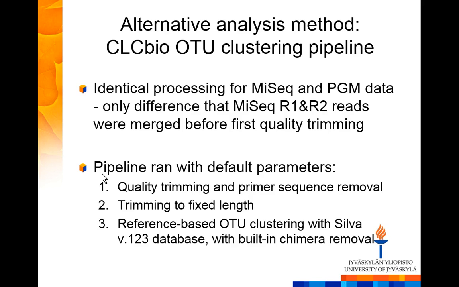A lot of people use it for other things. Your institute may have it already, and this OTU clustering pipeline is a pretty new thing that they have. So if you want to test it out, check if your institute already has it.